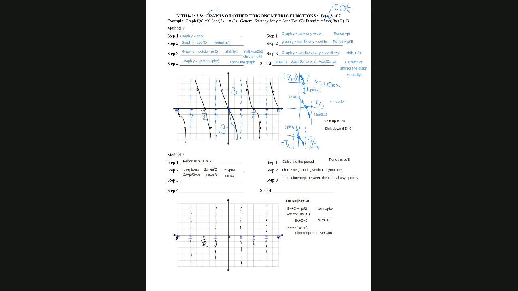For the cotangent of bx plus c, the x-intercept is at bx plus c equals pi over 2.